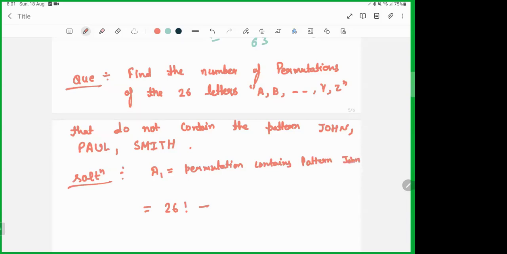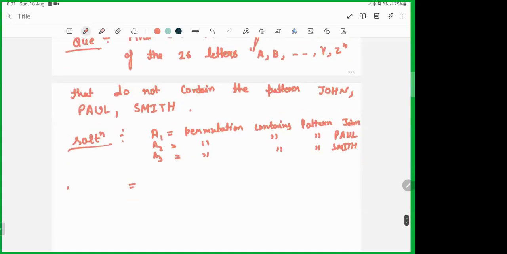Then similarly A2 is permutations containing pattern Paul, and then A3 is permutations containing pattern Smith. So then you are directly using the formula only. Okay, I got you right. So tell me what you are saying.